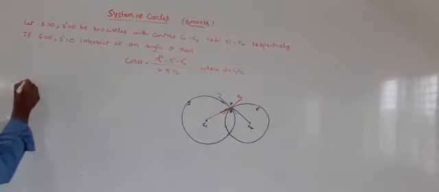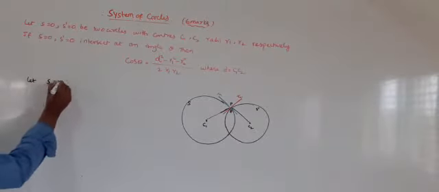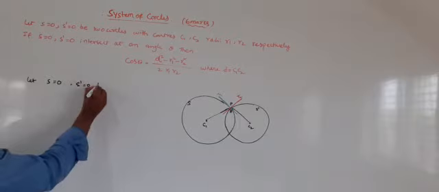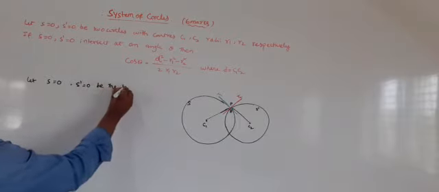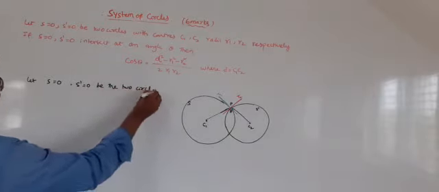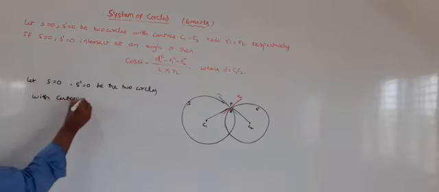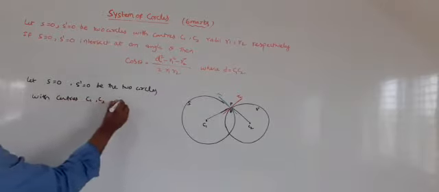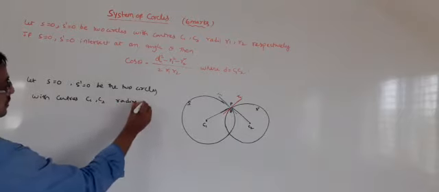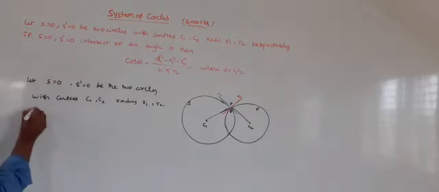Now let S = 0, S' = 0 be the two circles with centers C1, C2, radii r1, r2 respectively.